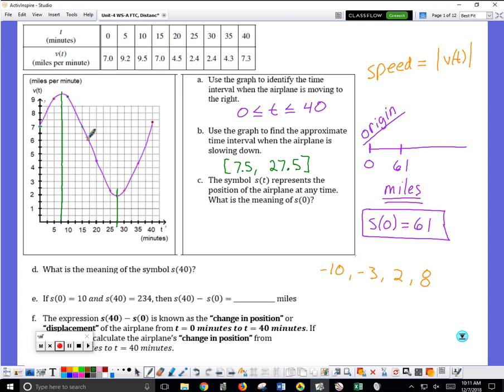Yeah, listen to Elijah. Here's an example that can cause trouble. If I give you a plot of velocity, hold on a second. And the velocity plot looks like this.